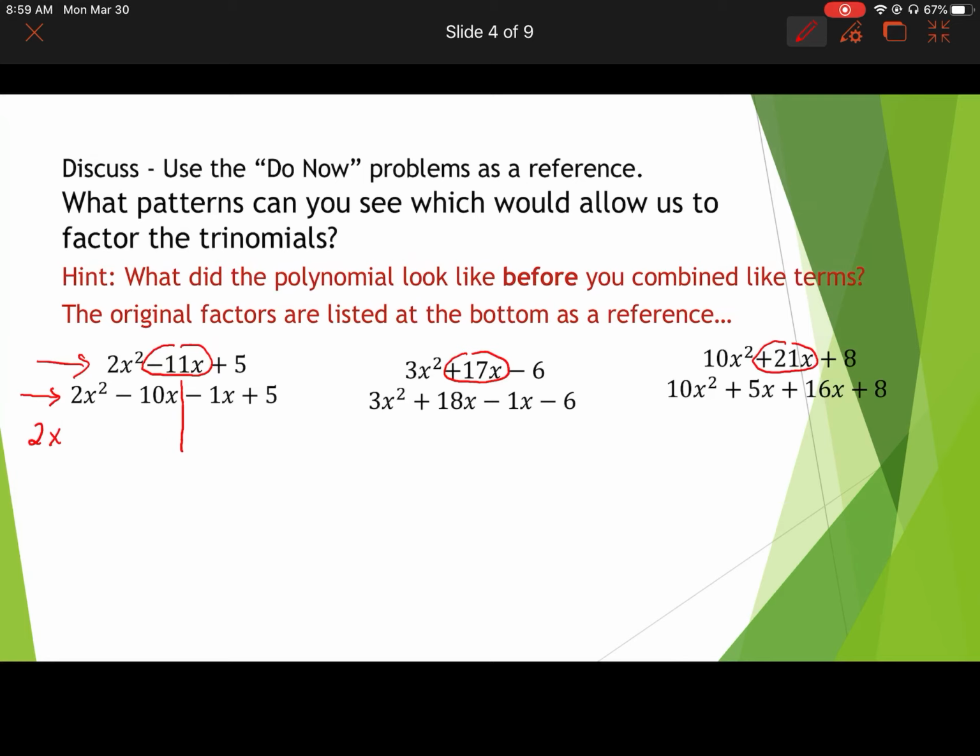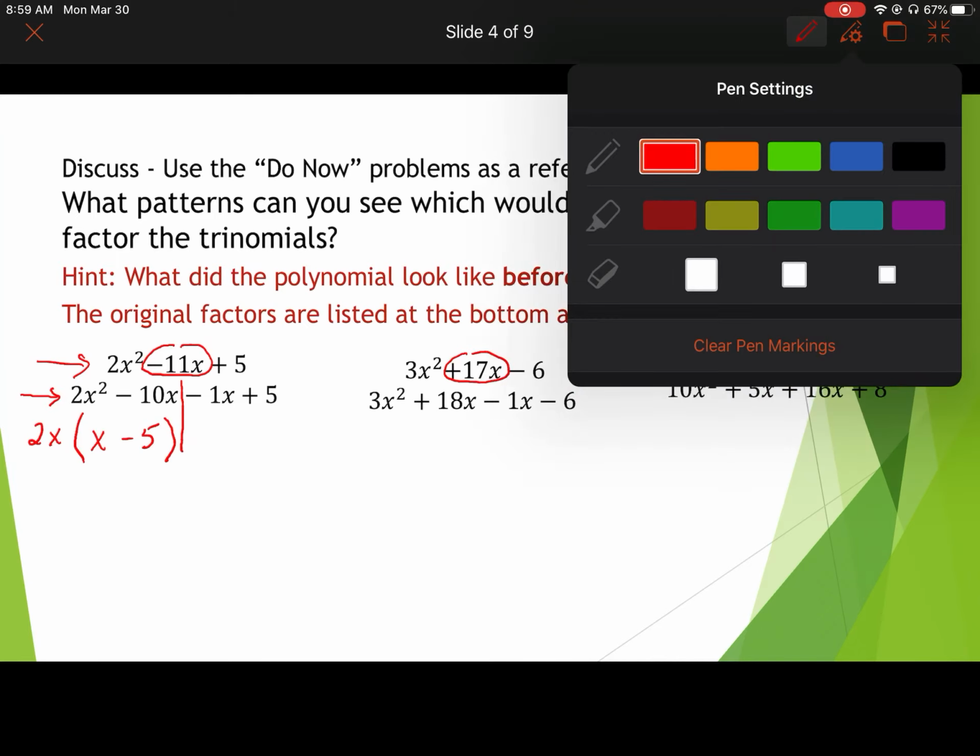We know that they both have a 2 in common and they both have an x in common. So if we were to factor that out of that binomial, then what would be left would be x minus 5. If I was to factor out the right-hand side in the same way, what do they both have in common? It doesn't look like they have anything in common, right? Negative 1x plus 5 doesn't seem to have anything in common.